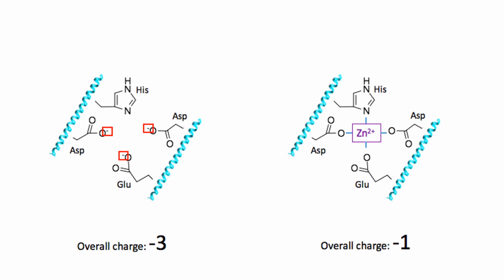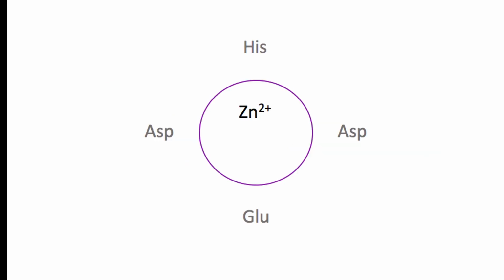The positive charge on the zinc helps the overall charge of the coordination complex become less negative, which is beneficial as dermcidin can more effectively target the negatively charged bacterial membranes. The +2 oxidation state of zinc gives zinc 2+ a d electron count of 10.